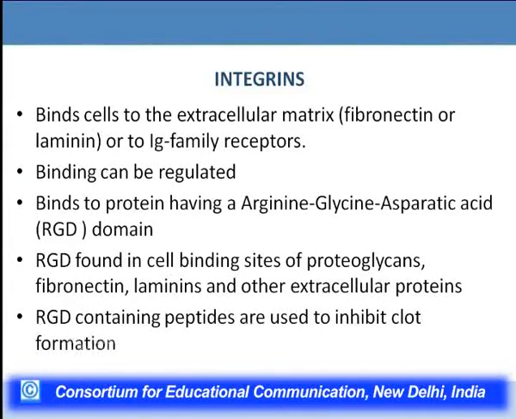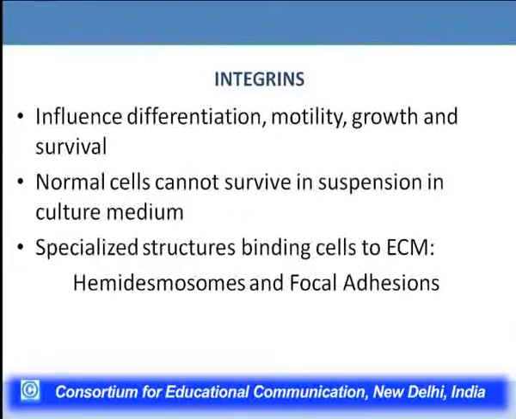Now, as we know, integrins are involved in formation of clots because they bind to the soluble fibrinogen through this domain. Small peptides which have the RGD domain can be generated, and they can bind to integrin and thus inhibit its binding to fibrinogen protein, and thus it can inhibit clot formation.